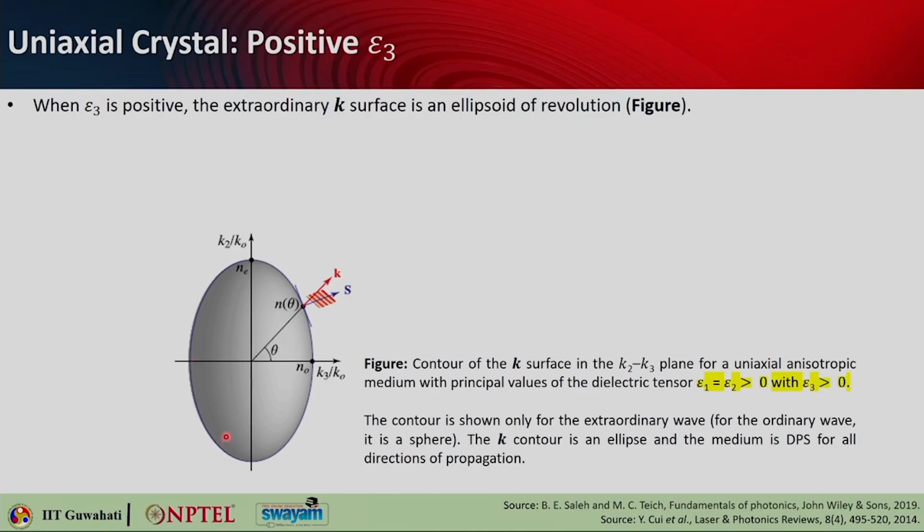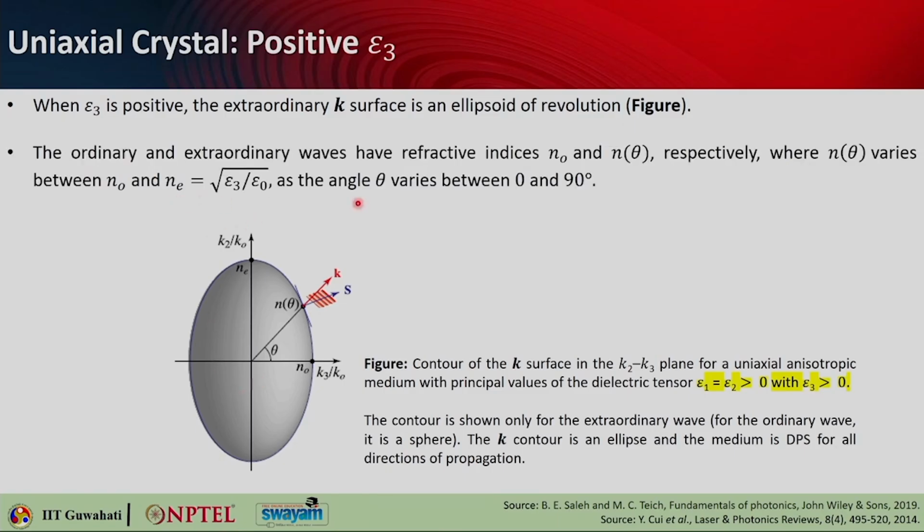So here the k contour is an ellipse, and this medium is DPS, double positive, for all directions of propagation, because in all cases mu we have already taken as positive and isotropic, and in all cases epsilon 1, epsilon 2 and epsilon 3 are all positive. So this is a DPS medium.